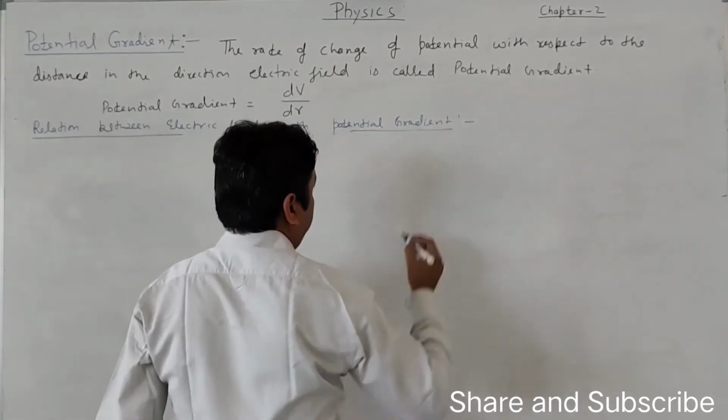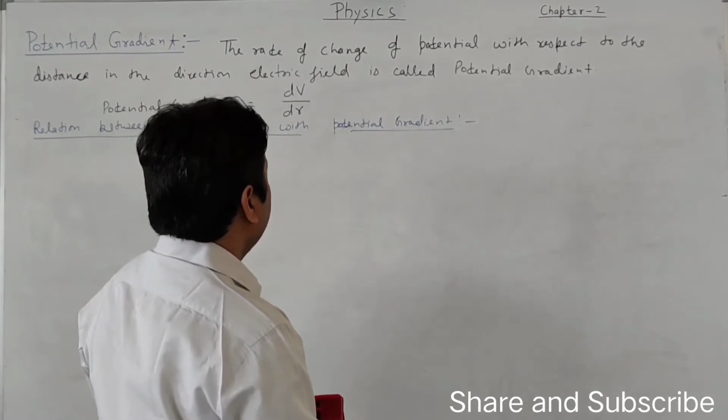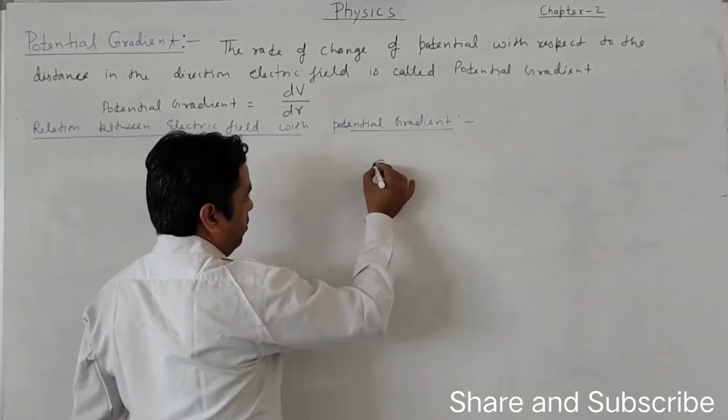First of all, we try to understand the condition where we are calculating it. Suppose we take an origin charge, which is positive.